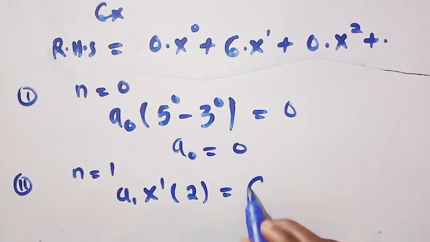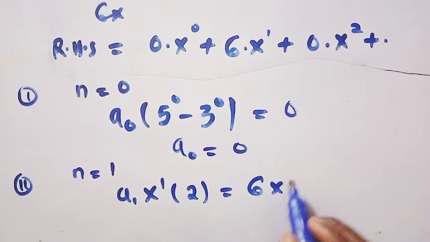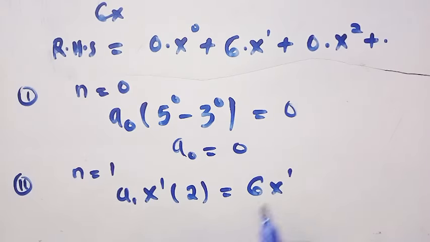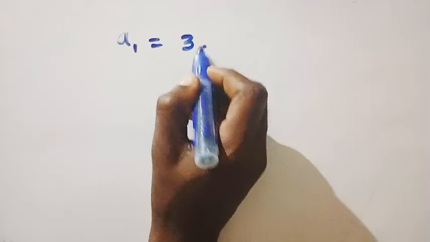Then everything equals 6x, which is power of 1, so we cancel the x. We are going to have 2 a_1 equals 6, so the value of a_1 equals 3.